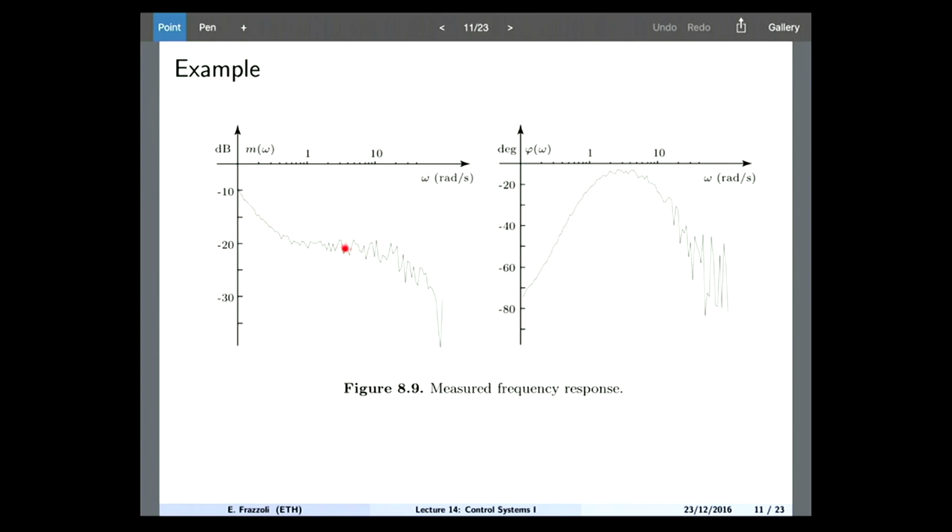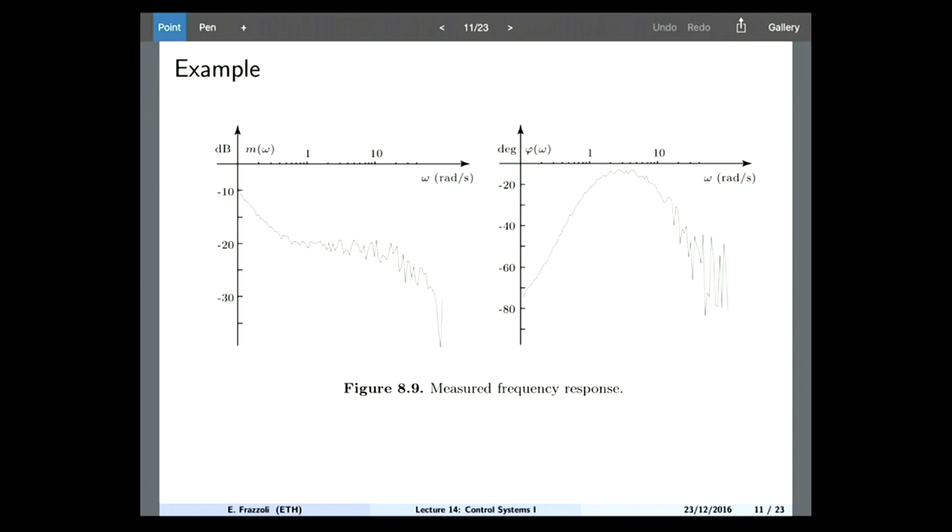However, in this range, there is a much bigger variability. So in this range, you have much less certainty about what the gain of your transfer function is. And that's a perfect place to use this multiplicative uncertainty model.